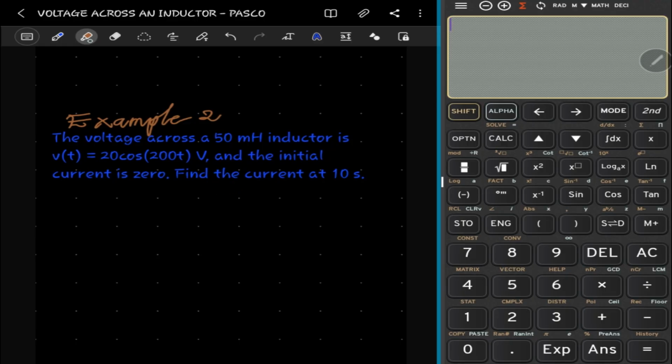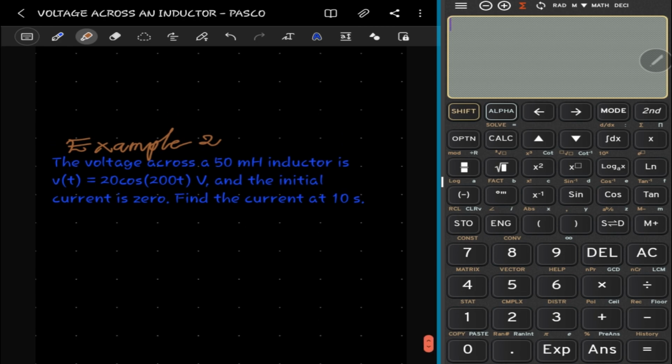So this one again, we use the same equation, right? We're supposed to find the current. The equation itself is v(t) equals L di/dt, right?